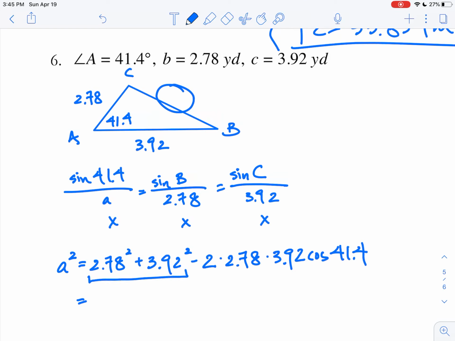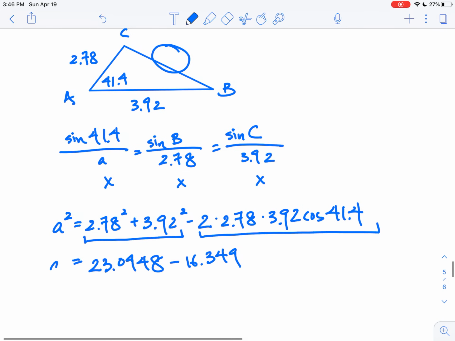So again, I like to kind of lump those two together, less writing, less typing into my calculator. Minus 2 times 2.78 times 3.92 times cosine 41.4, and that gives me minus 16.349. So I did all of this together, and that gives me a squared.